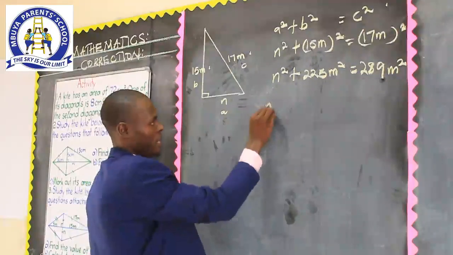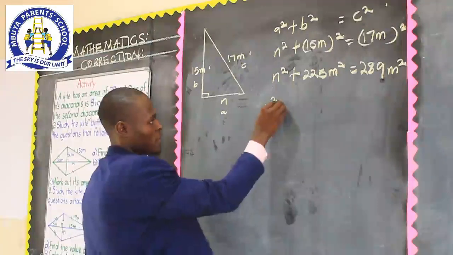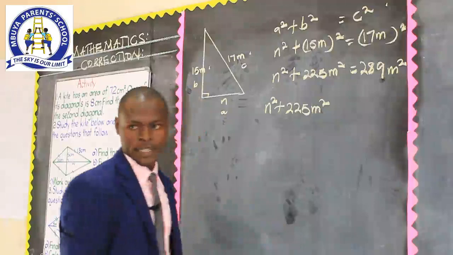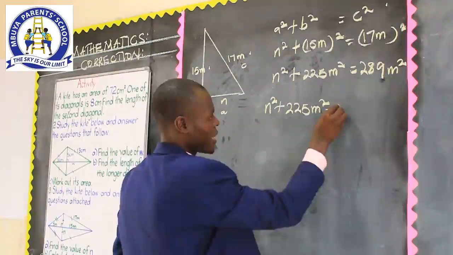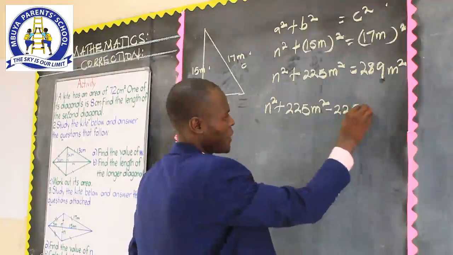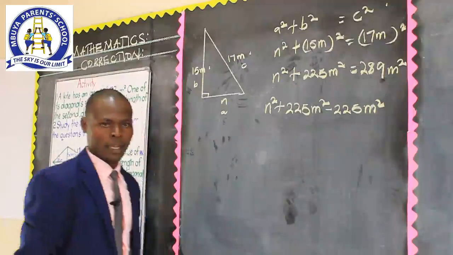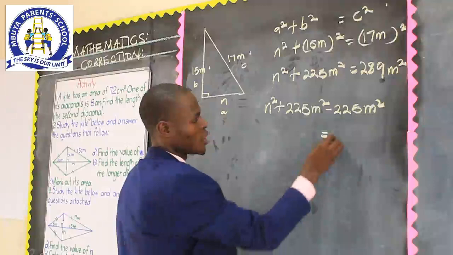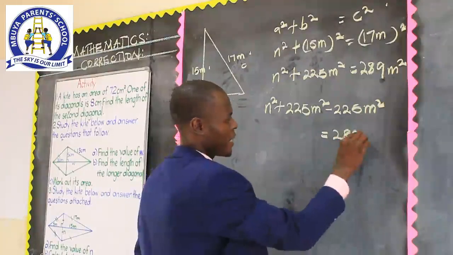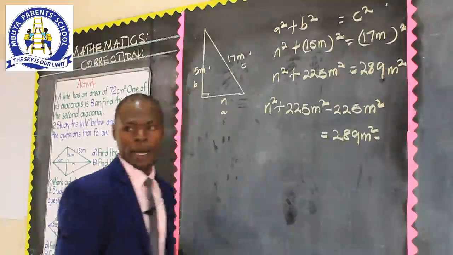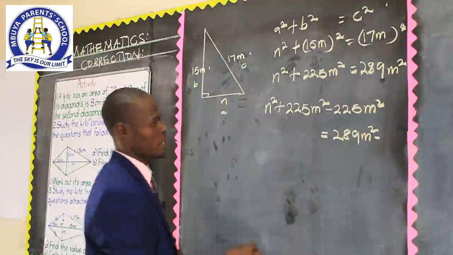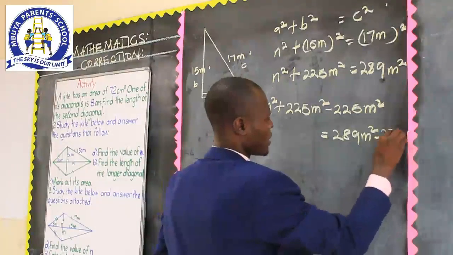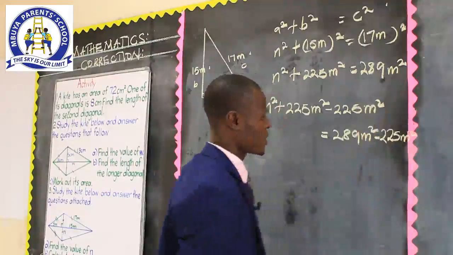Together we do it. n squared plus 225 meters squared minus 225 meters squared. Class, I will borrow part of the lower part, will equal 289 meters squared minus our 225 square meters.